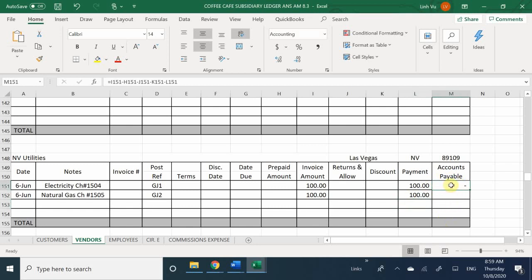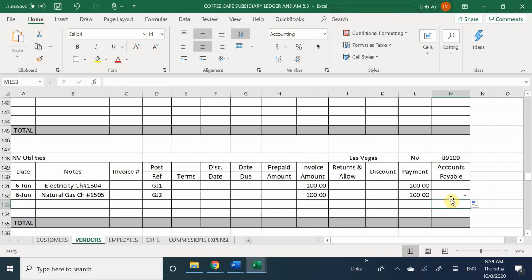Now since I already built my formula in here, I'm going to go ahead and autofill it to let me know that I, again, do not owe NV Utilities at all until I receive the bill. And if I choose to pay it now, then I make my payment. But if I choose to hold off, because usually when you get a bill, you don't need to pay right away.